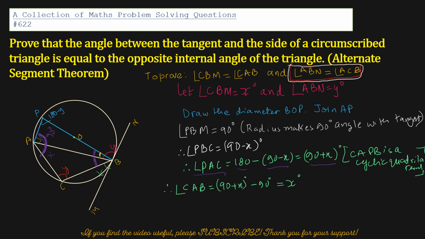So PAC is 90 plus x minus 90 degrees, and that equals x. So the second part is proved as well.